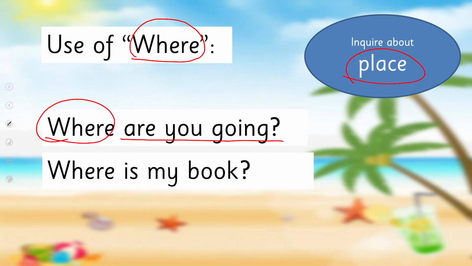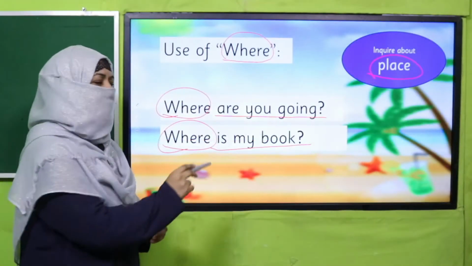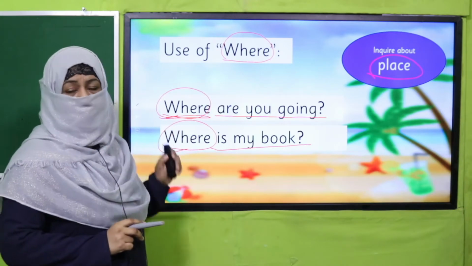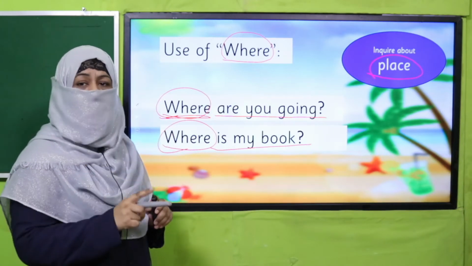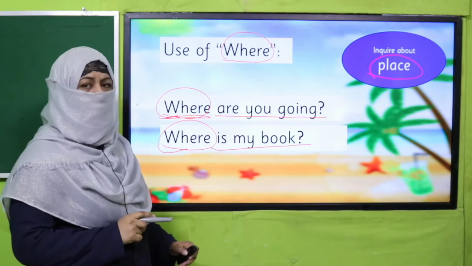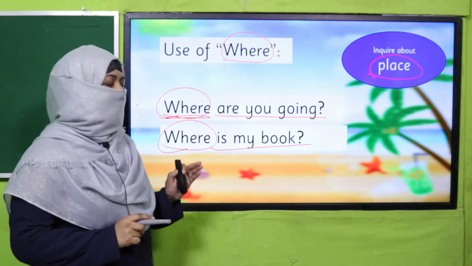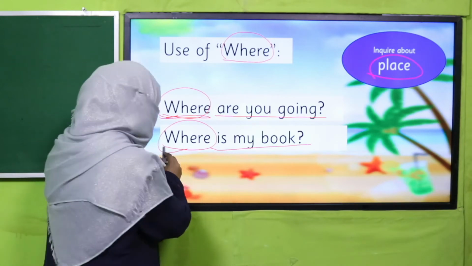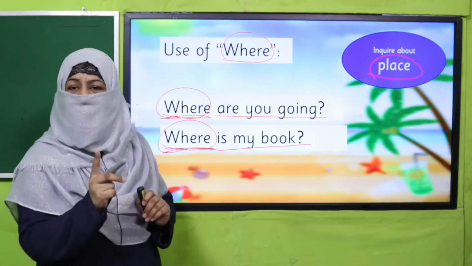Where are you going? Where is my book? So whenever a question is asked by the question word where, you should tell the place. Where are you going? I'm going to school. Where is my book? Your book is on the table. Okay, so where means you have to tell the place.